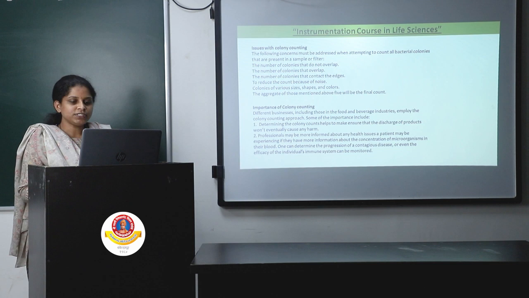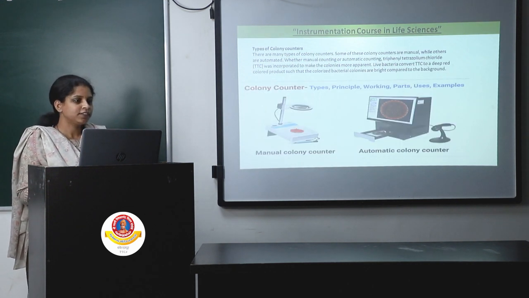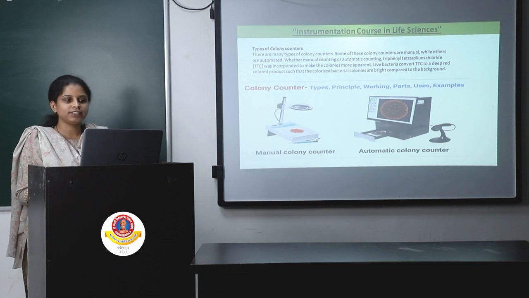The colony counting machine is used in medical microbiology to measure the colonies present on a plate using a sample like blood. There are two types of colony counters: first is the manual colony counter and second is the automatic colony counter.